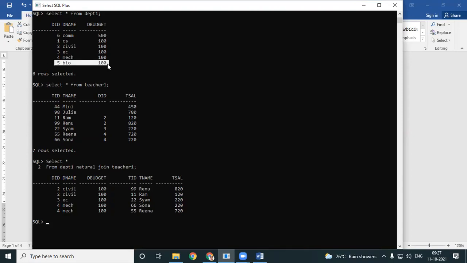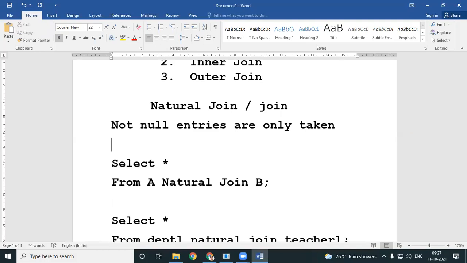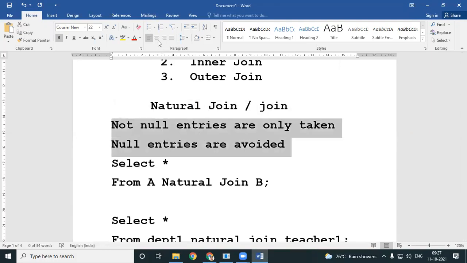When you do a natural join, what happens is the not null entries are only taken, or in other words, the null entries are avoided.